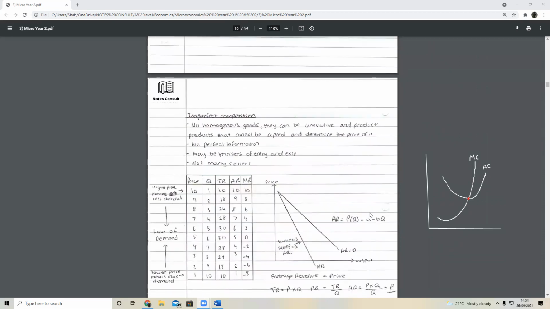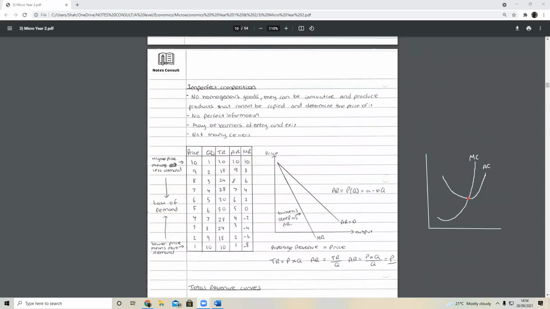But one thing we should know is that the price and the average revenue have stayed the same. Price is equal to the average revenue, but is it equal to marginal revenue? No, marginal revenue is different. Average revenue and price are going down by 1 every time, but marginal revenue is going down by how much? 2.